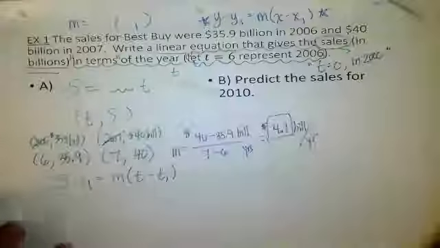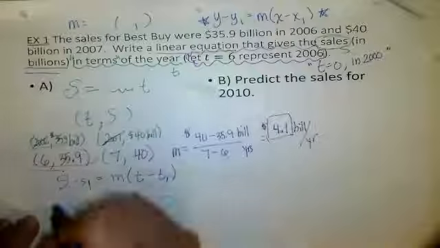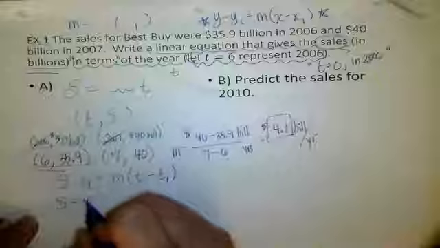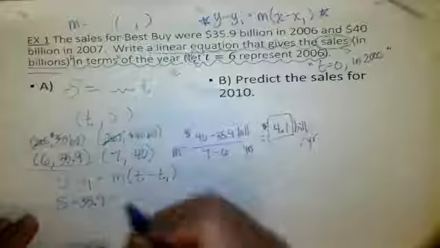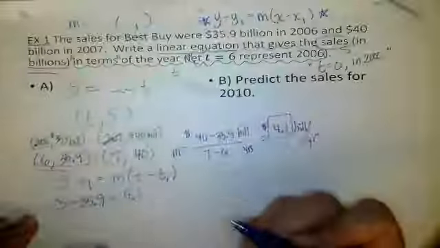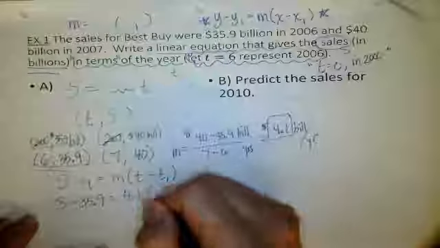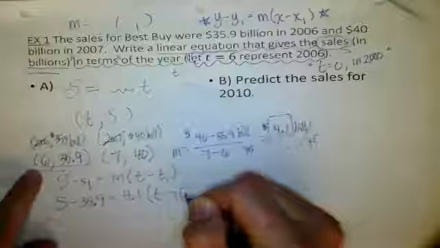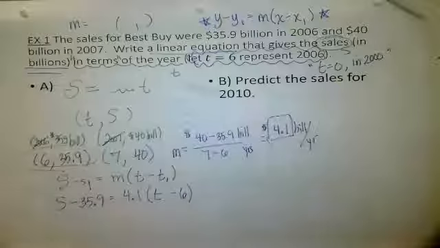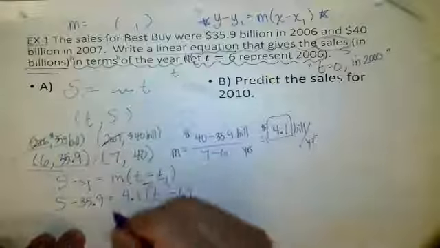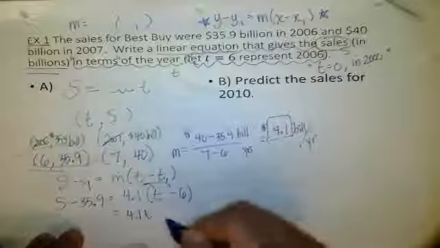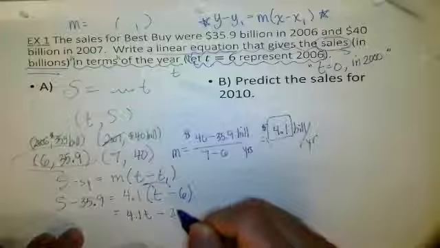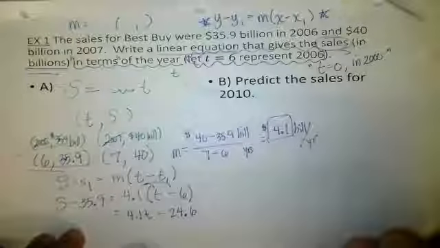So now I can plug in any ordered pair. I'm going to use the first one. 35.9 equals my slope of $4.1 billion per year, times the quantity, time minus 6. And then we can distribute. So 4.1 t minus, what is that, 24.6?